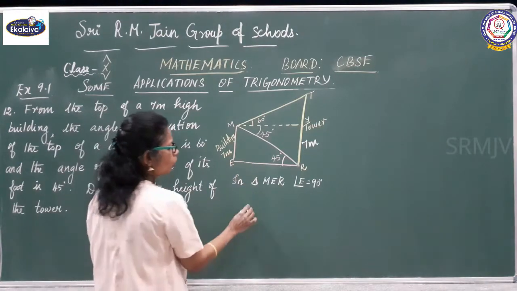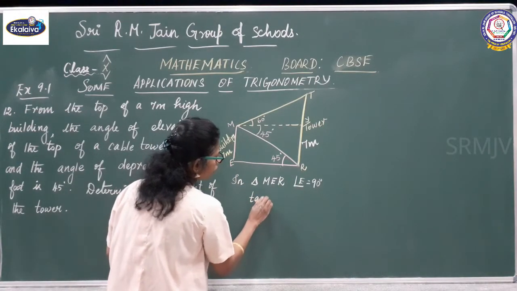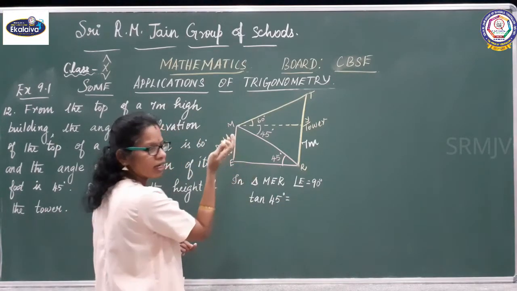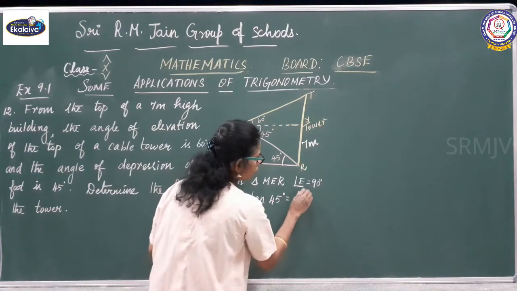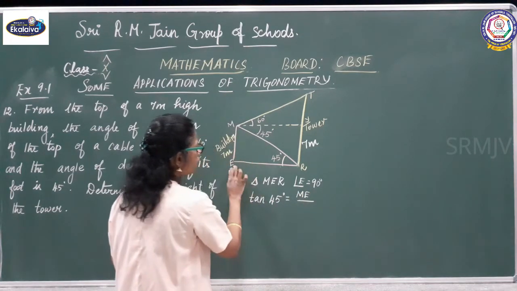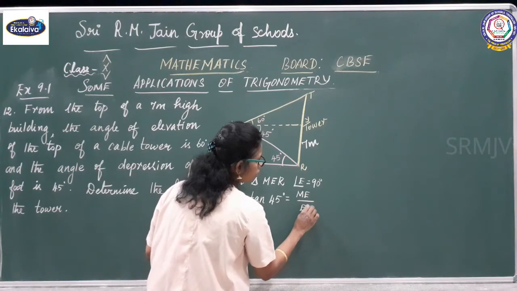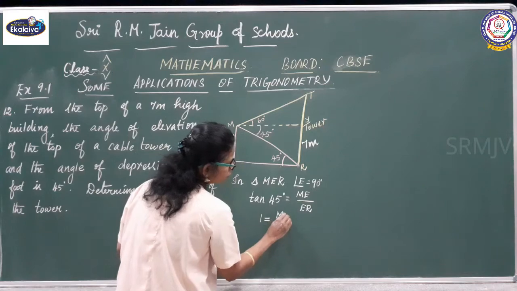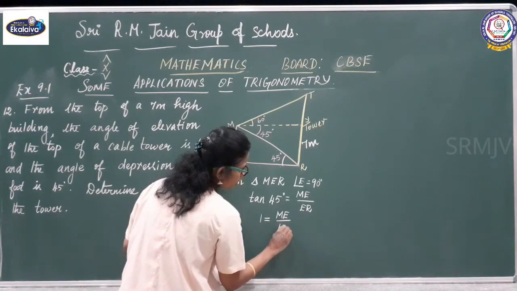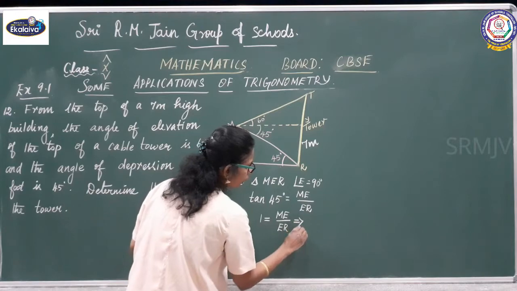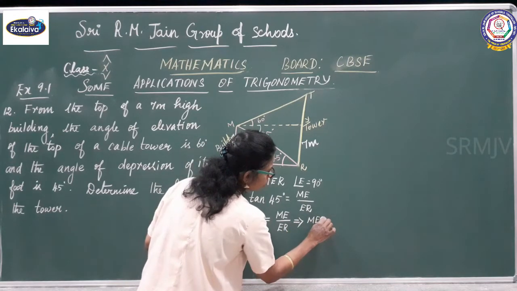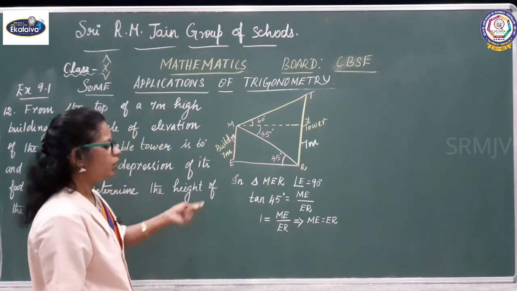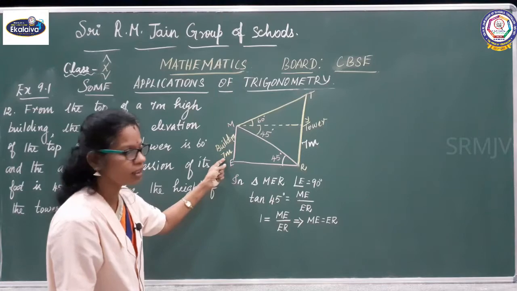Got it? Now, tan 45 degree equal to opposite by adjacent, ME divided by ER. Tan 45 degree is equal to 1, so ME divided by ER equals 1, which implies ME equal to ER. ME is 7 meter, given.